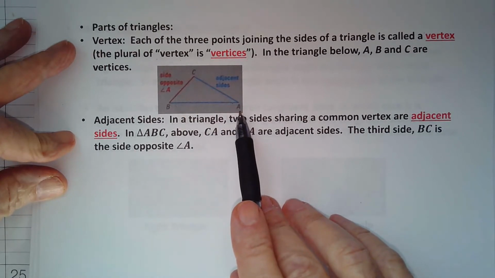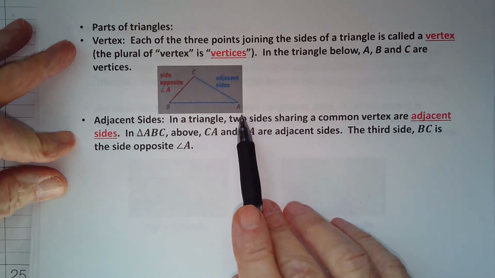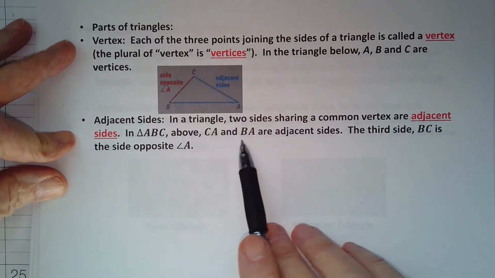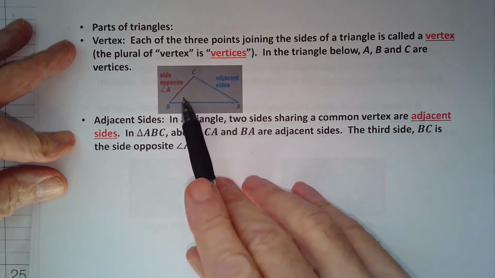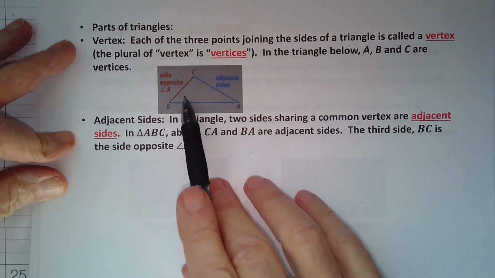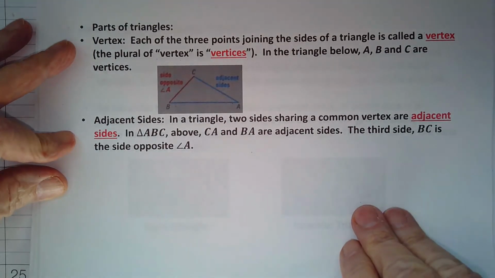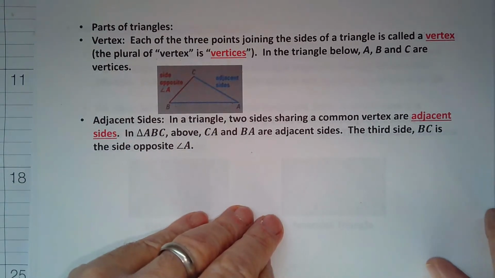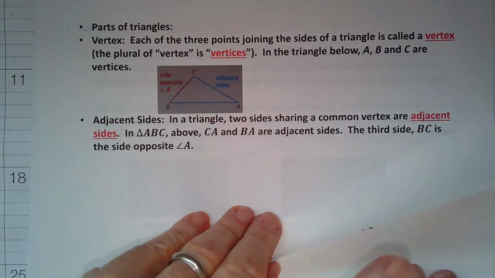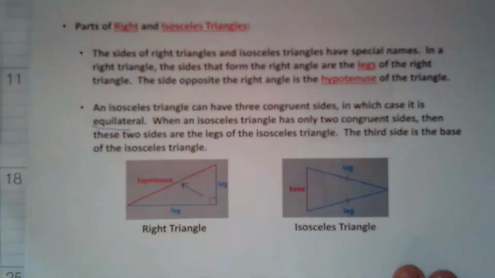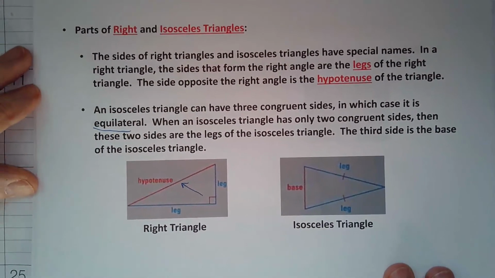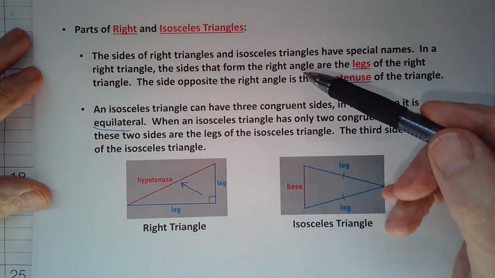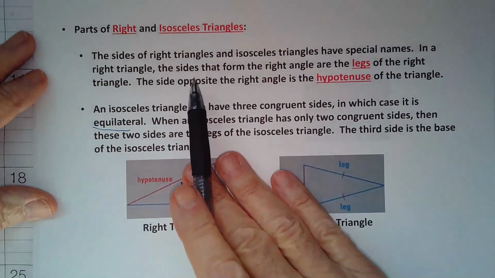They share a common vertex, which is vertex A. And so they're adjacent sides. The third side, BC, which is opposite angle A, is called the opposite side. Pretty simple to figure, but when you're talking about where something is, it's nice to be able to give a location with greater particularity.